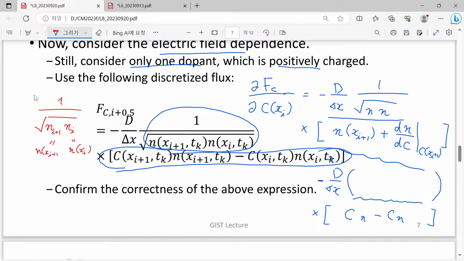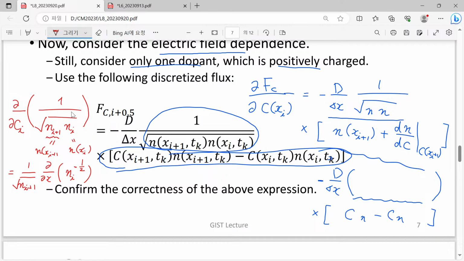And here we have a leading coefficient, and we wanted to calculate the partial derivative with respect to c sub i, for example. When you take this partial derivative, n sub i plus 1 does not have any dependence, so we can pull it out. So n sub i plus 1. However, unfortunately, here we have n sub i, and it is to the minus half power.